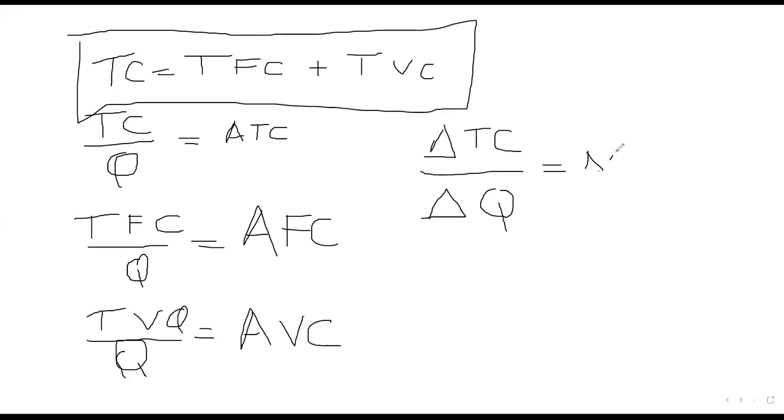Marginal cost is simply the change in the total cost over the change in quantity. If we use calculus, it will be dTC over dQ. This will be called our marginal cost.